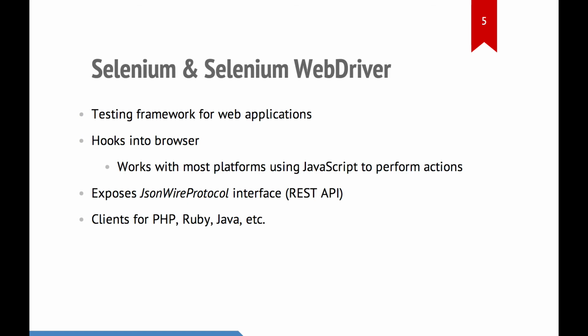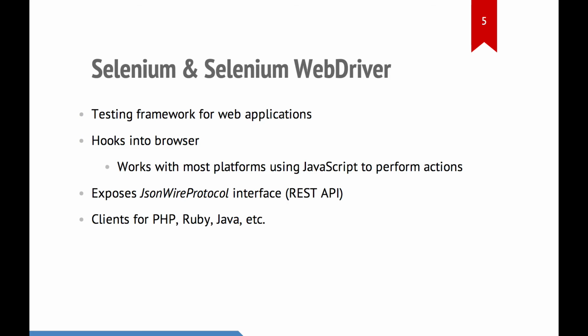So the way it works is Selenium ships with support for a couple of browsers, like for example Firefox. For the browsers that don't have built-in support, you need something called a WebDriver. So I have a Chrome WebDriver, for example. Selenium just hooks into the browser, and most of the stuff that Selenium does is through JavaScript.